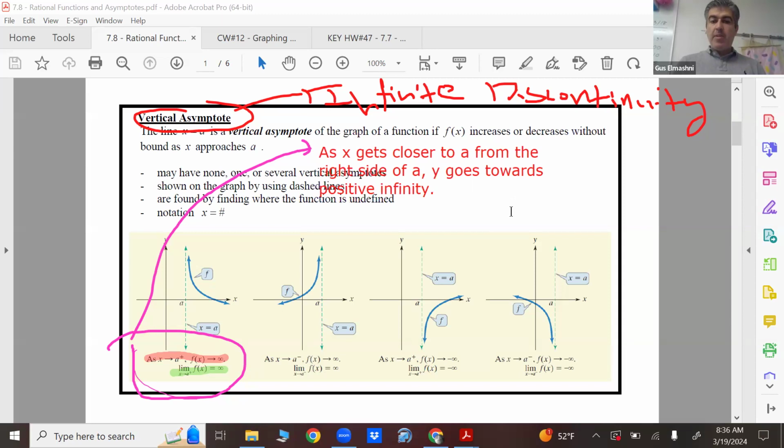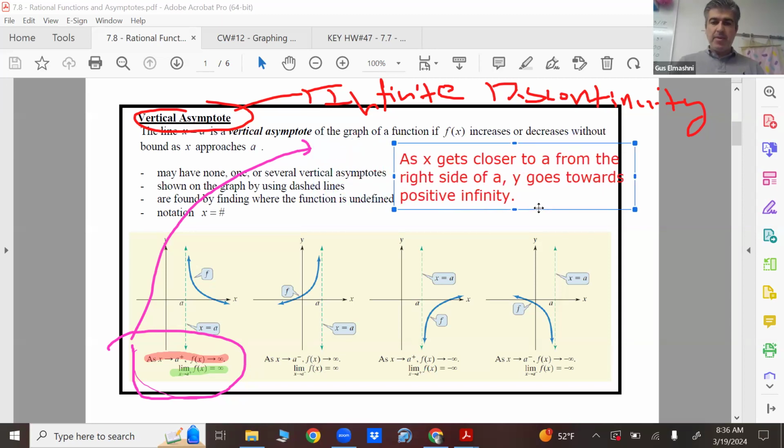Okay, that's a lot of words, right? Let me move it so it's a little more clear. That's 1, 2, 3, 4, 5, 6, 7, 8, 9, 10, 11, 12, 13, 14, 15, 16, 17 words. Oh my God. I would much prefer, right, when x approaches a plus, f of x equals infinity. I'd much rather write that. It's kind of like a code in a way.